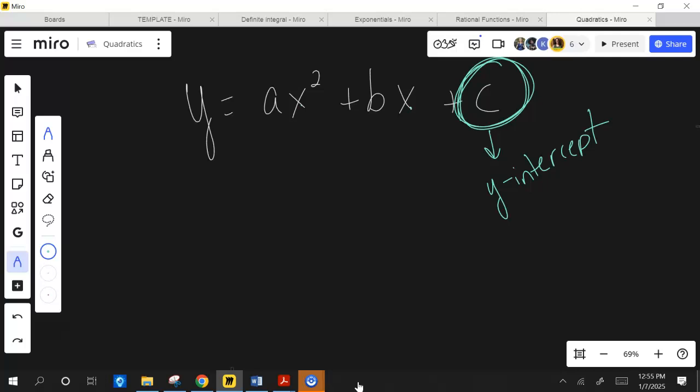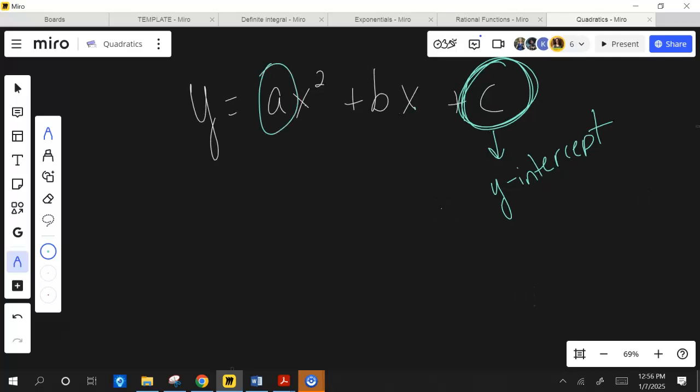Now, the other thing this tells you, this A right here in front, tells you a lot of information. If A is greater than 0, so positive, my parabola is going to open up.